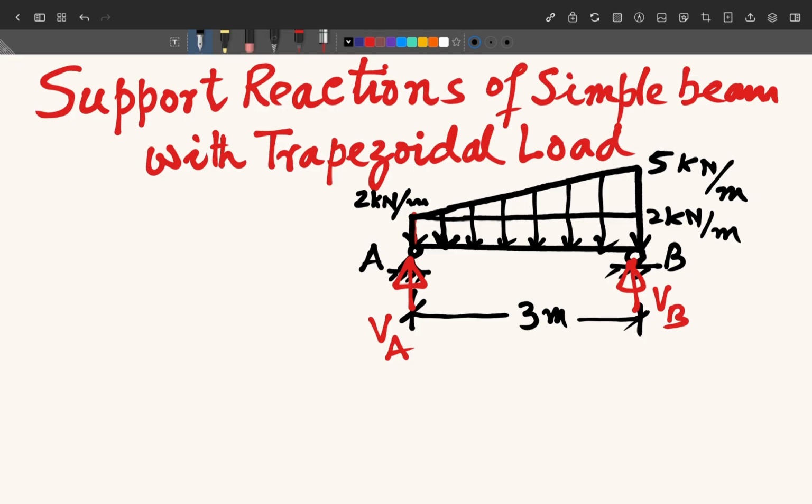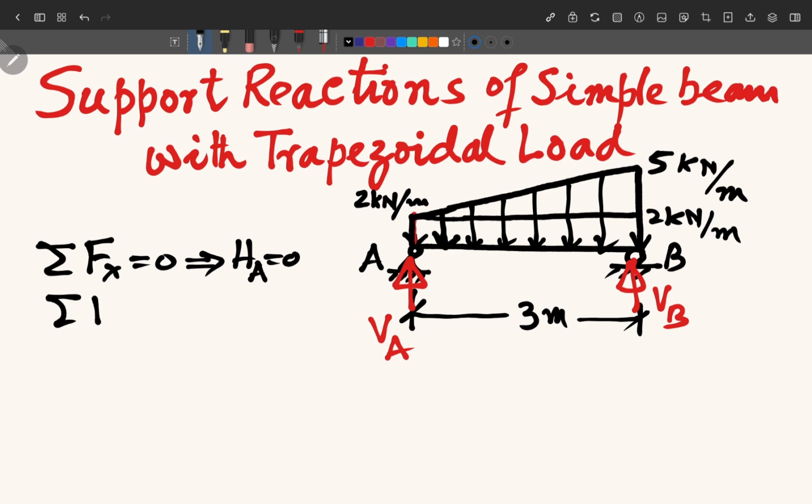Then we apply our equations of equilibrium, sigma Fx equal to 0, and this says that there will be no horizontal reaction. That's why we have not considered it here.